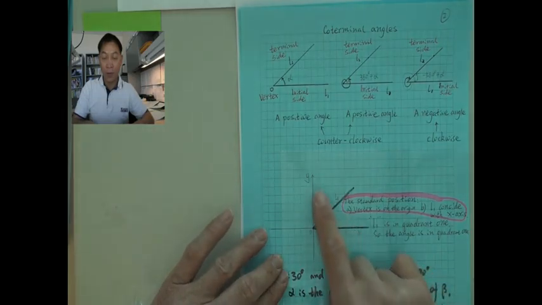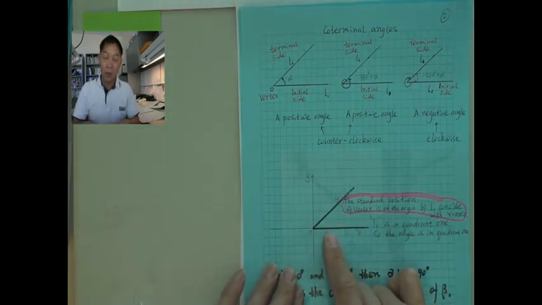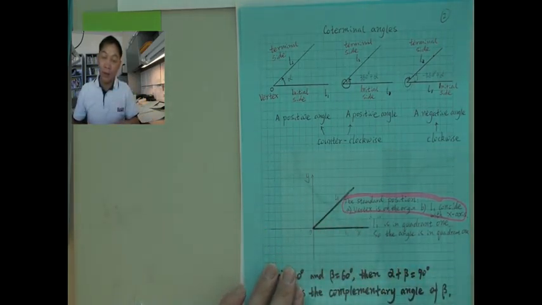You see x, y. Yeah, this is an xy coordinate plane. And then with the vertex on the origin, and L1, this initial side, coincides with the positive x-axis.